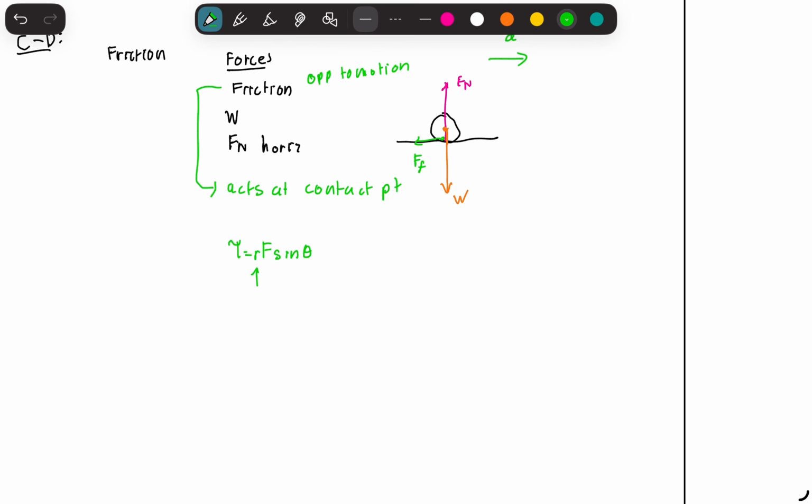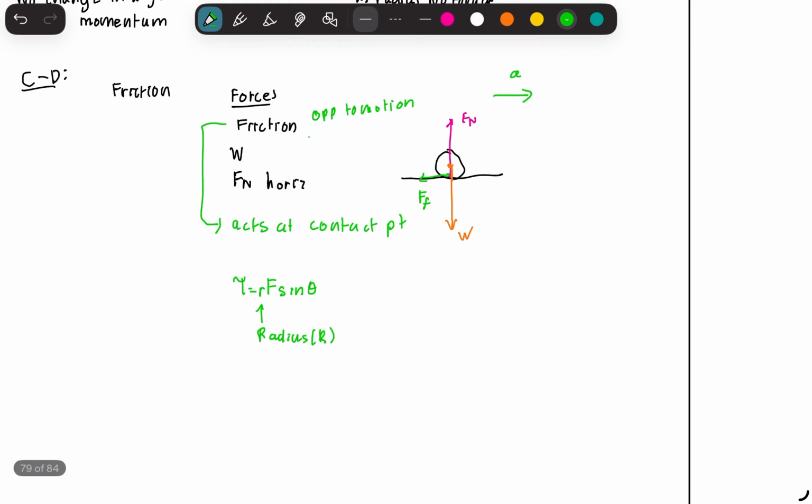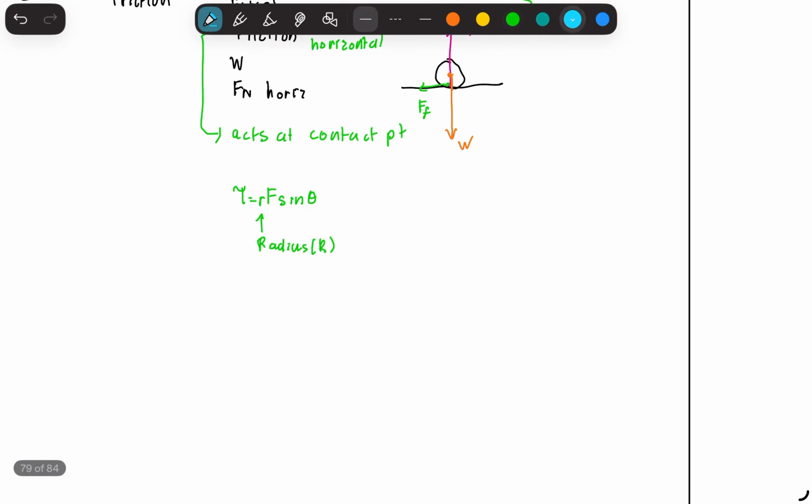Here R is equal to the radius, which we represent as big R. We also know that our friction is going to be horizontal, and that our position vector from the center of mass to the contact point is vertical. That position vector is going upwards, and our friction force is going to be horizontal.